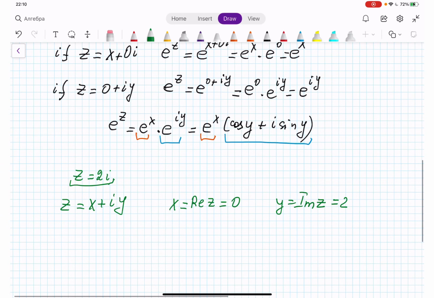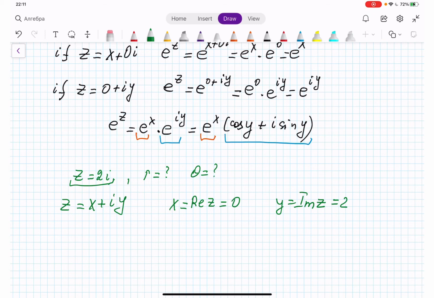Find the modulus and argument. Modulus we call the radius r, and argument is going to be our angle, which means we need to find r and theta, radius and the angle.